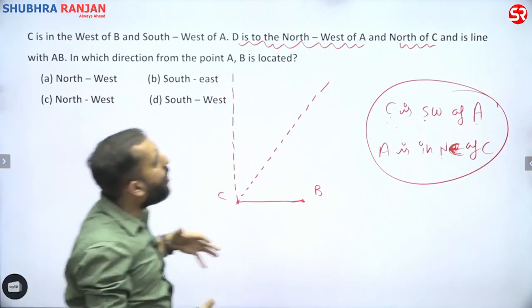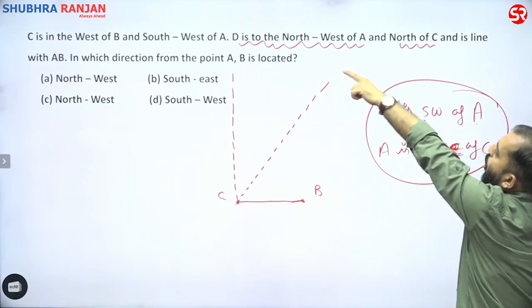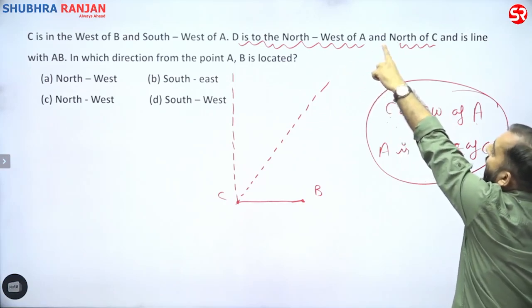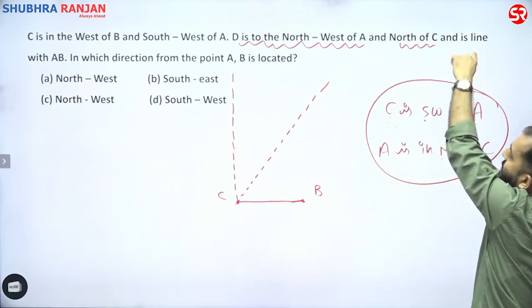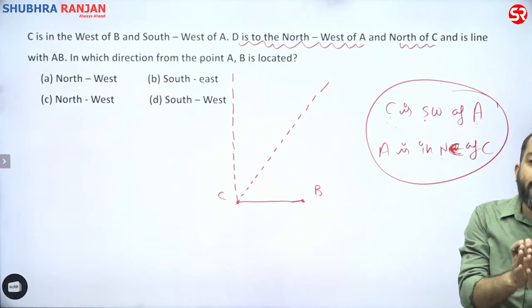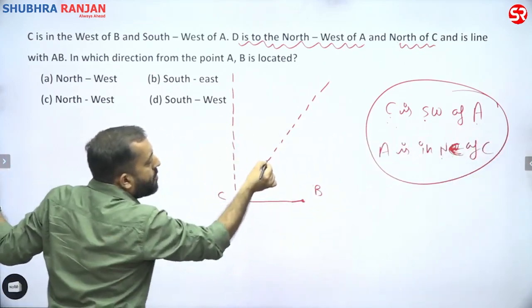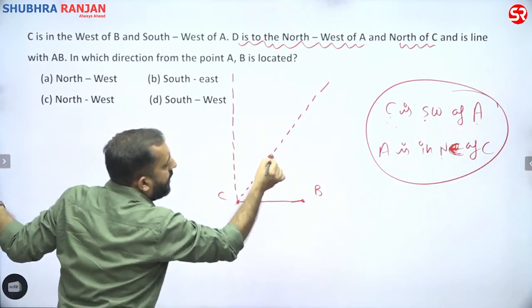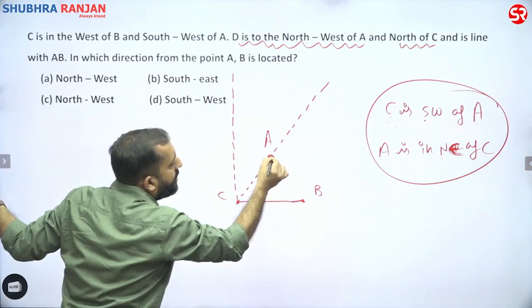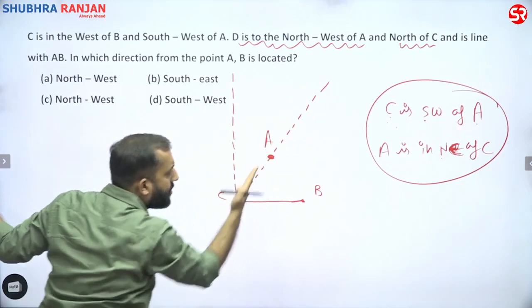Now next, D is to the northwest of A and north of C, and D is in line with AB. It means, suppose this is point A, because I know A should lie on this line.